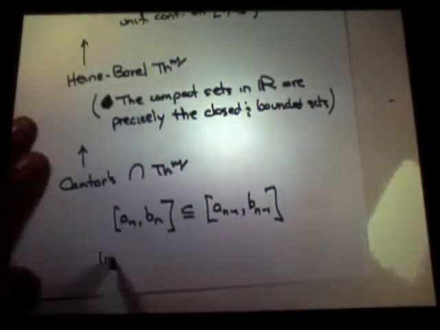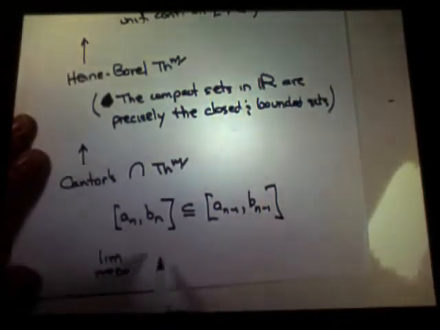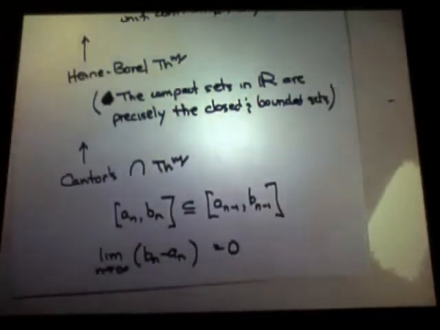And the limit, as n goes to infinity, of the length of the nth one being 0 means that if you intersect them all, there's a unique point common to them all. That's sometimes called the nested interval theorem. It works in metric spaces too, so it's sometimes called Cantor's intersection theorem.